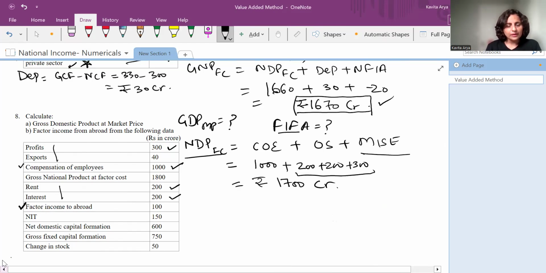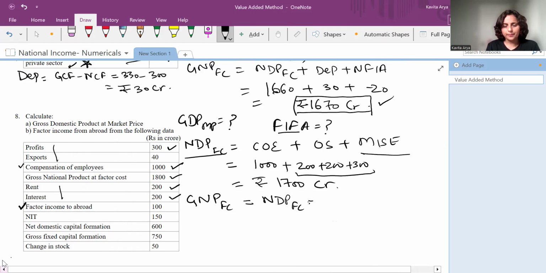Now I have 3 components with me. NDPFC is given and I am also given GNPFC. So let us see, can we create any relationship between GNPFC and NDPFC? Because I have found NDPFC.